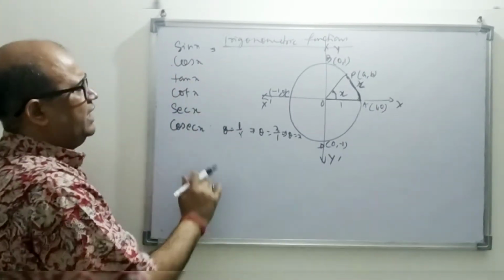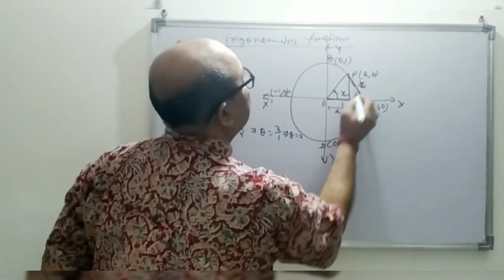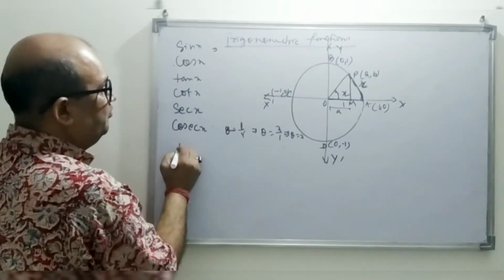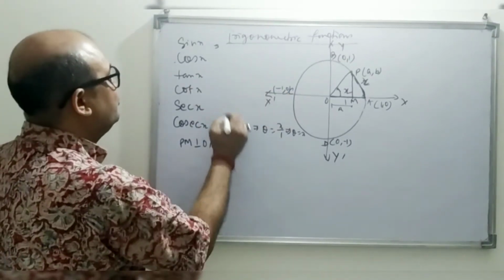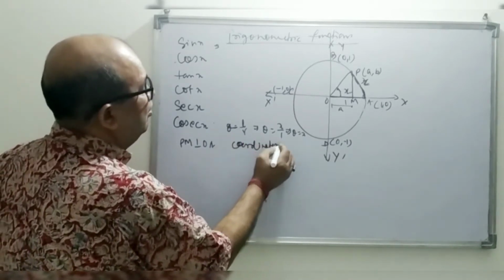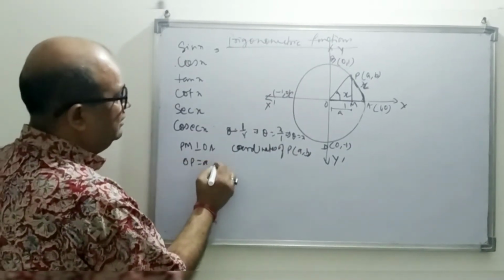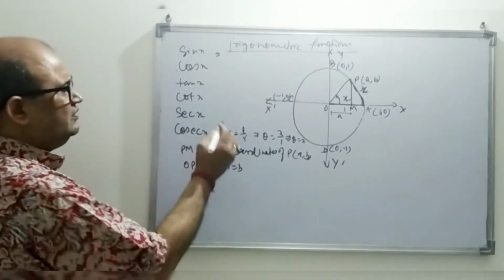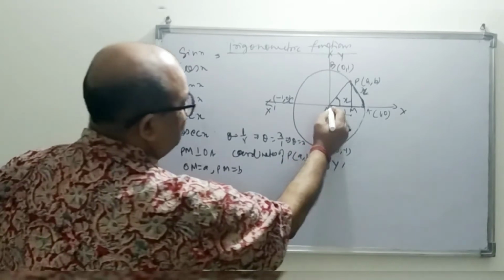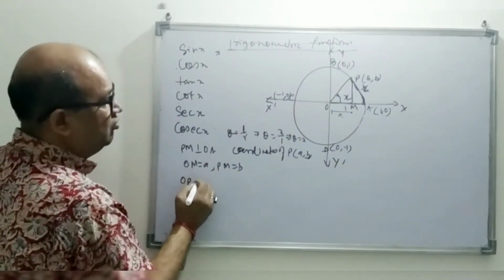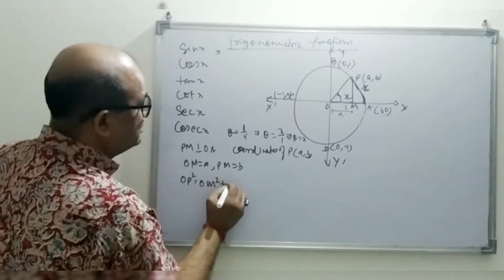Now let us consider sin x. We draw a perpendicular from P to M. If PM is perpendicular to OA, and the coordinate of P is (a, b), then OM equals a and PM equals b. Now OP equals the square root of OM square plus PM square.